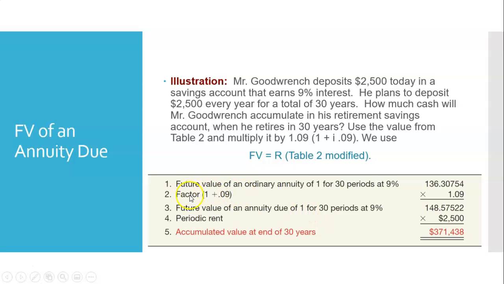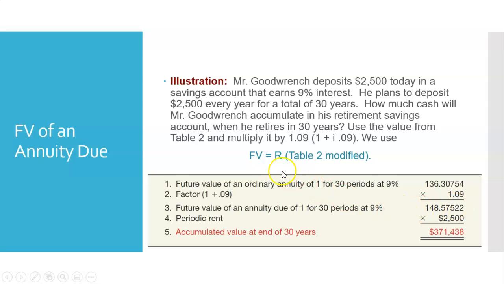Then we multiply that factor times 1 plus the interest, which is 1 plus 0.09, or 1.09. So I take the 136 factor from table 2 and multiply it by 1.09. That gives me 148.57522, which is now the factor I'm going to use.